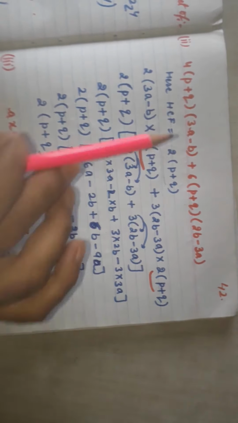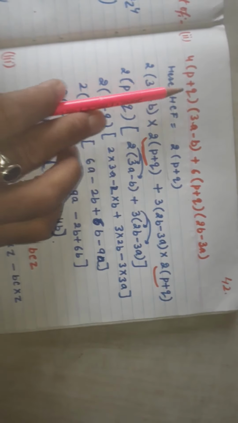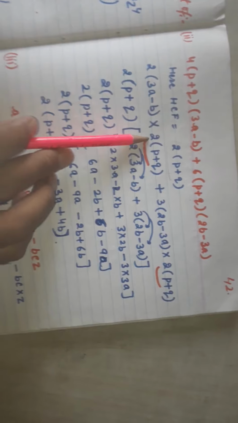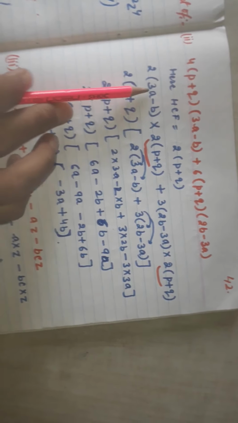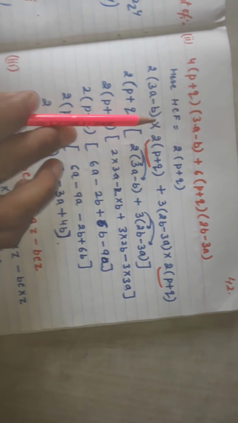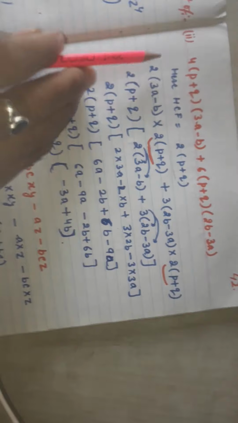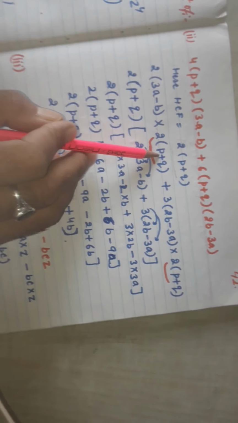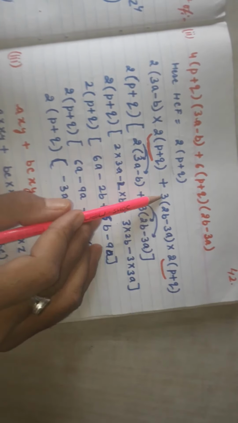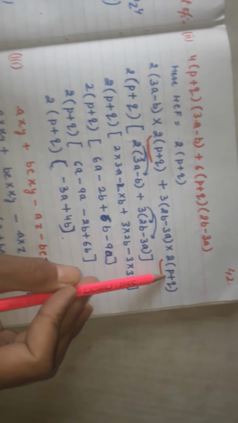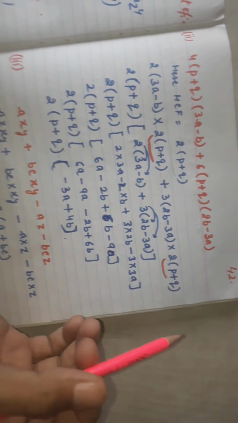So we have to make the factors of these two terms in which one factor should be the HCF 2 into p plus q and the other factor is that by which we multiply this HCF so that we get the first term. Similarly the second term. So 2 2s are 4, p plus q into 3a minus b, it is the same. Similarly 3 2s are 6, 6 p plus q into 2b minus 3a.